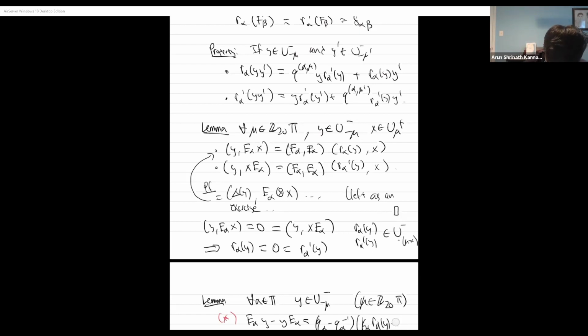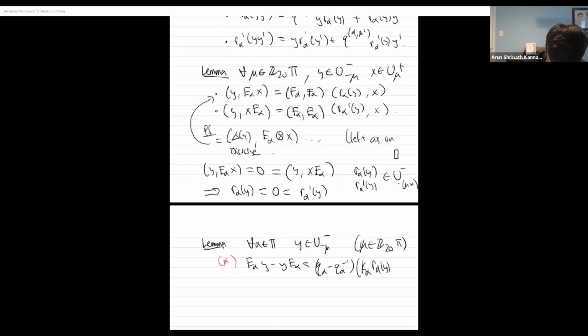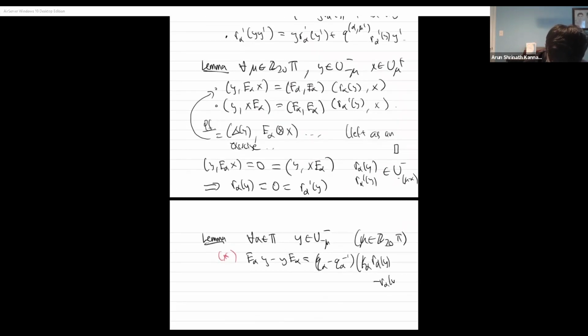Let me go to the next line. And the proof, again, is left as an exercise. But it's easy because we already know that this is true for y equals 1 and y equals f beta.